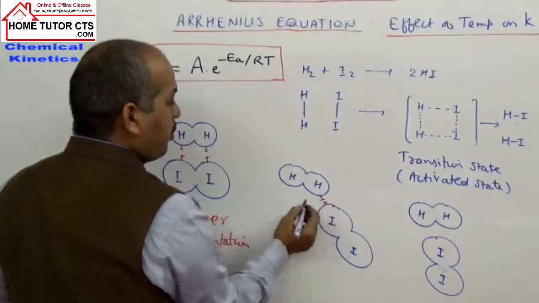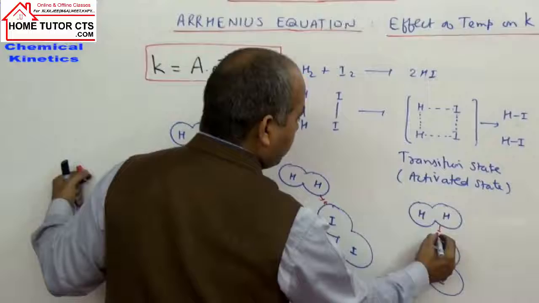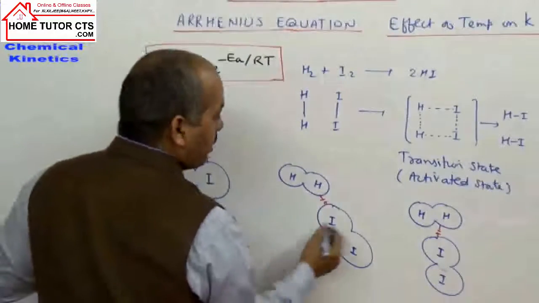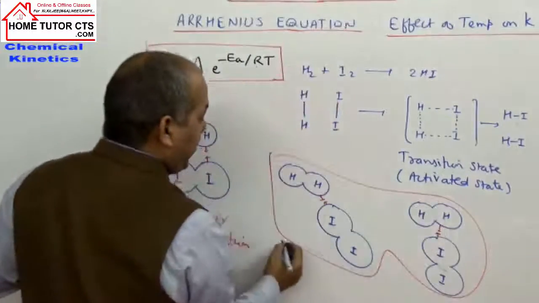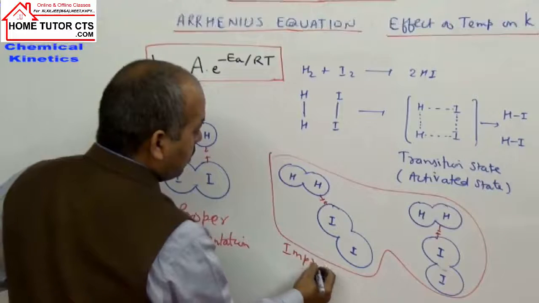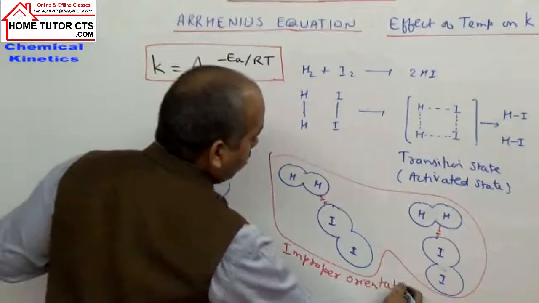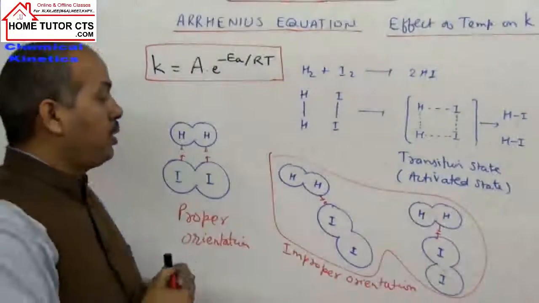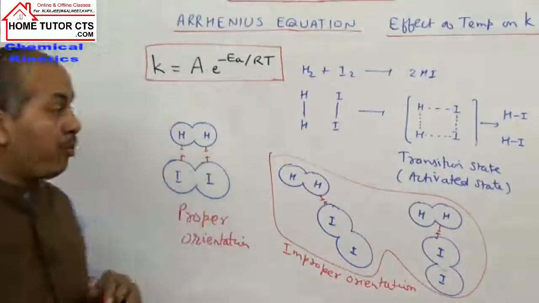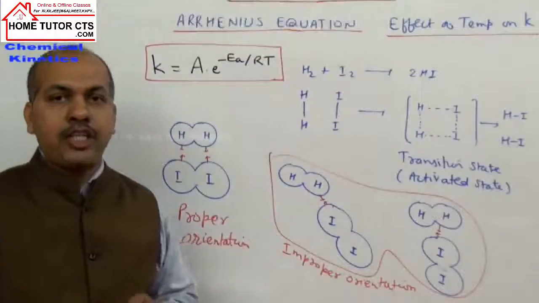Collision can occur at only one point, or collision can occur at different points. So this is the example of molecules having improper orientation. One is the example of molecules having proper orientation, the other is molecules having improper orientation.